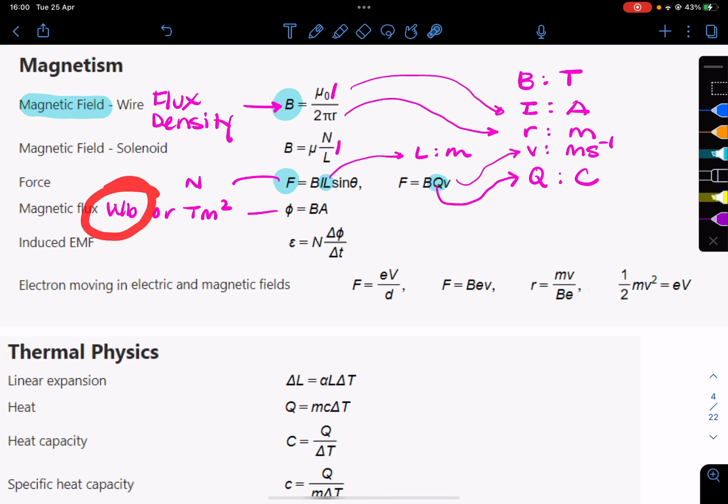But this is the proper unit for it. N, again, is just number of turns. E is an EMF, and EMF is always in volts. Okay, delta T in seconds, and delta phi, obviously that's just in Webers.